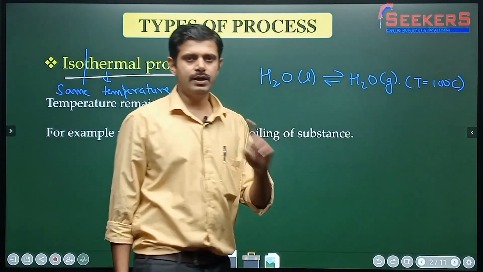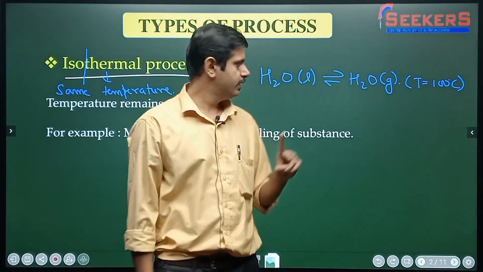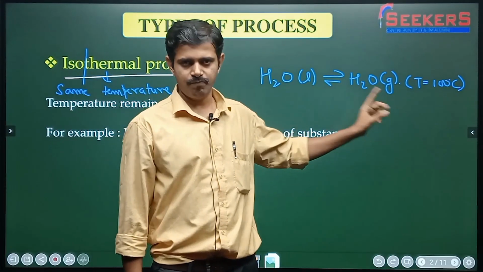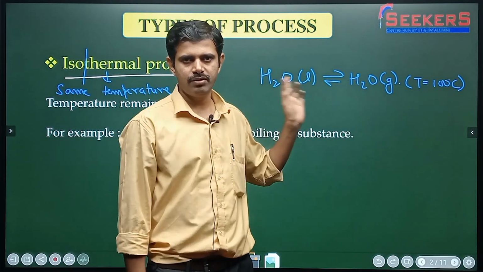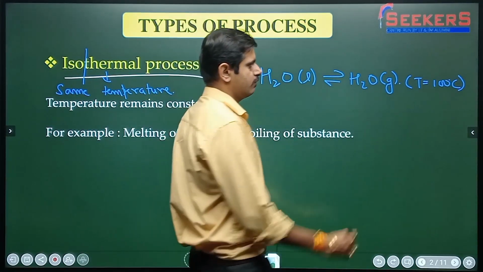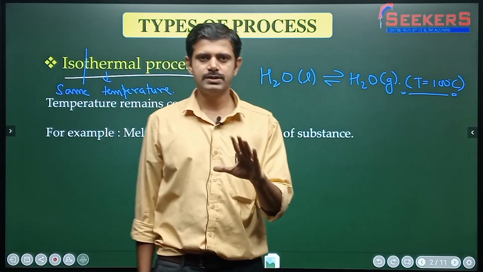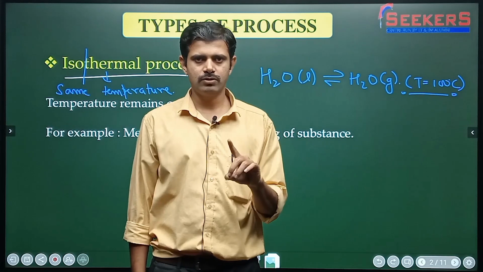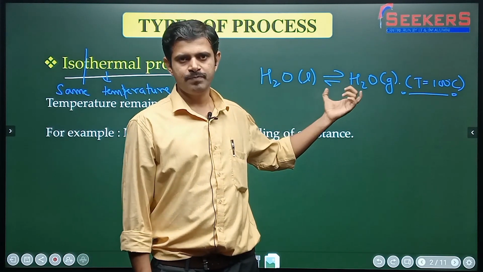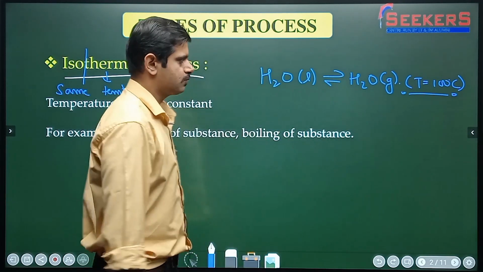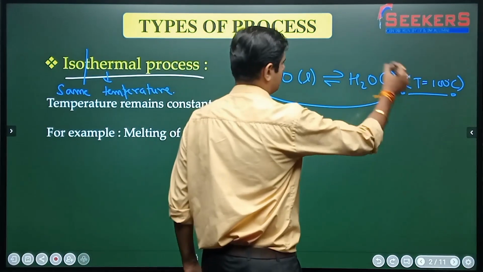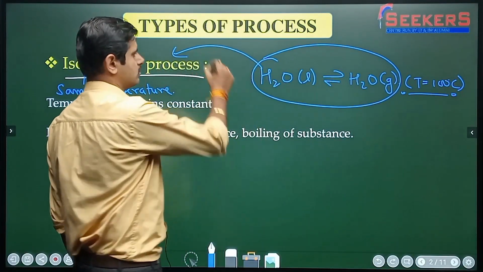If we are talking of an equilibrium between a liquid and a gas, then the temperature will be exactly equal to 100 degree, and till the time this temperature remains constant, this equilibrium will be settled. So what do we call this process? This process will be isothermal.